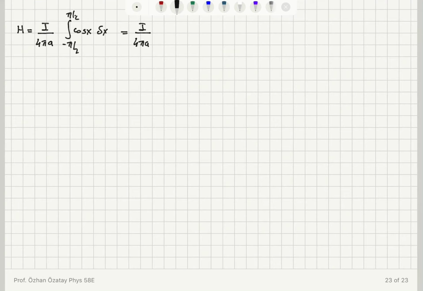The integral of cosine is sine, sine x evaluated between minus pi over 2 and plus pi over 2. So this will give me I over 4 pi a times sine of pi over 2 minus sine of minus pi over 2.